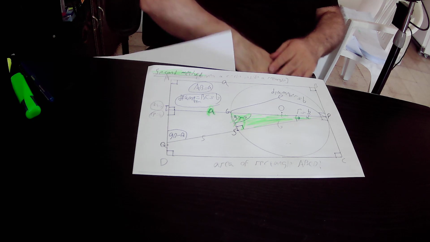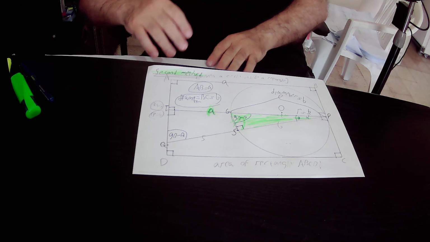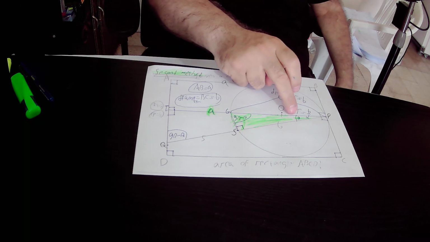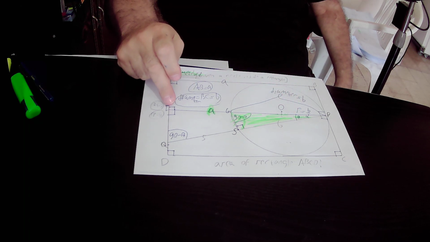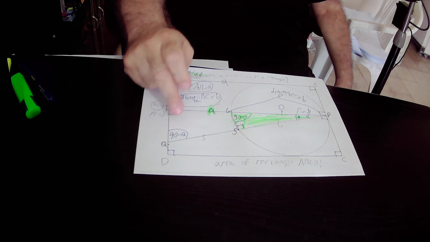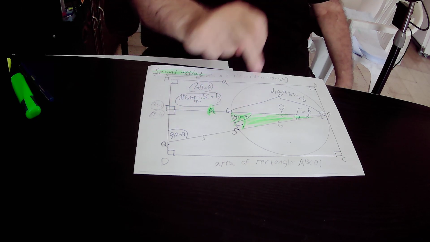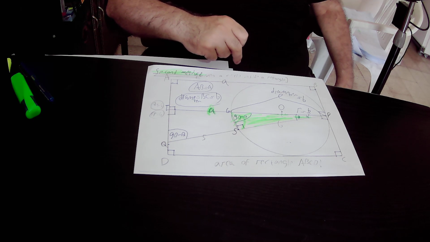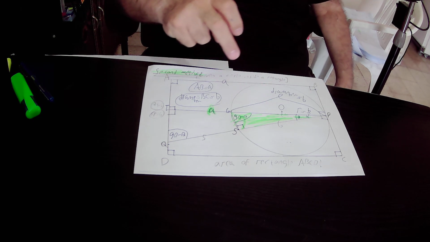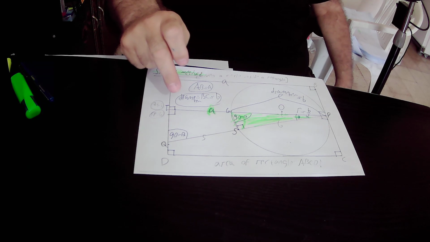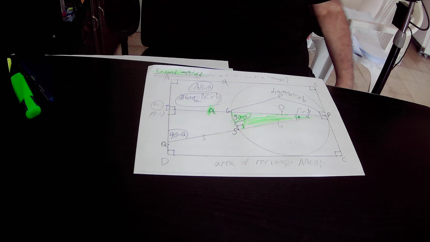Okay, so in the right big triangle QTP, this angle equals theta, this angle equals 90 degrees. This angle must be equal to 90 degrees minus theta, according to what we explained about the green triangle. Then we prove that the green triangle is similar to the right big triangle TQP.